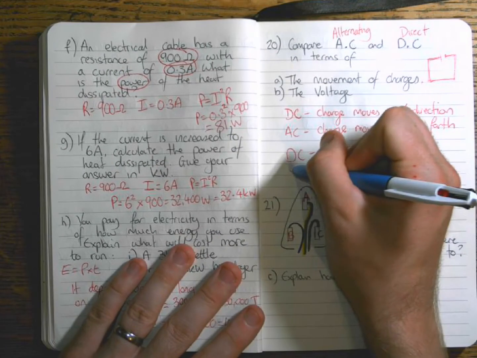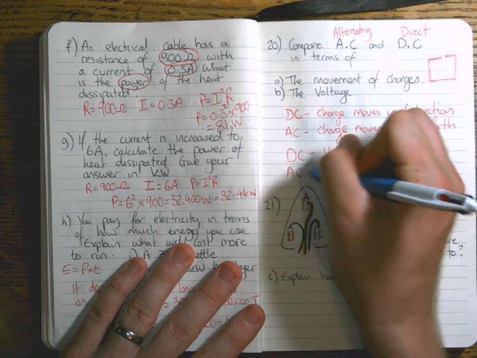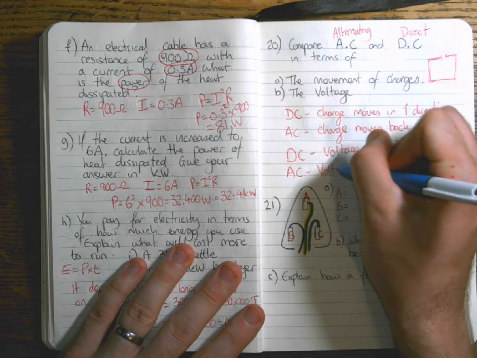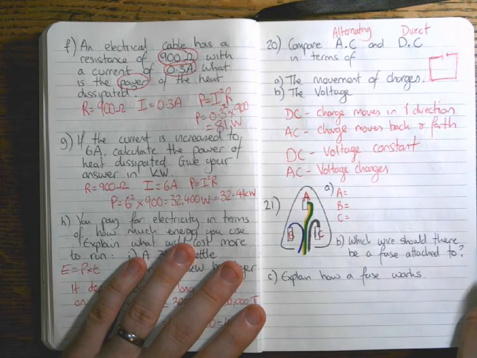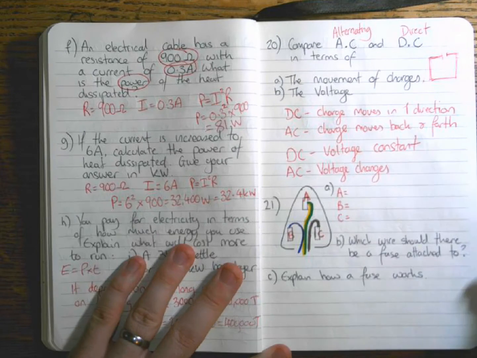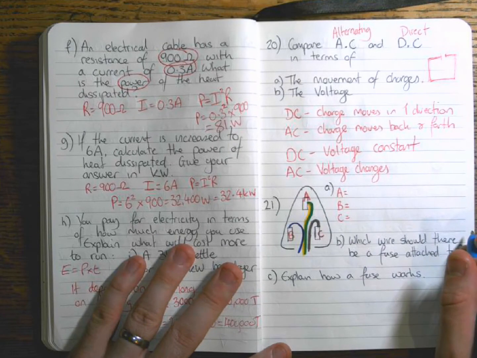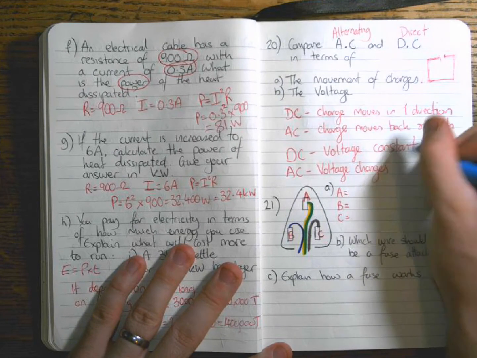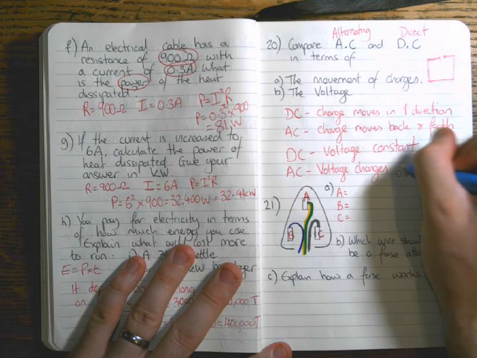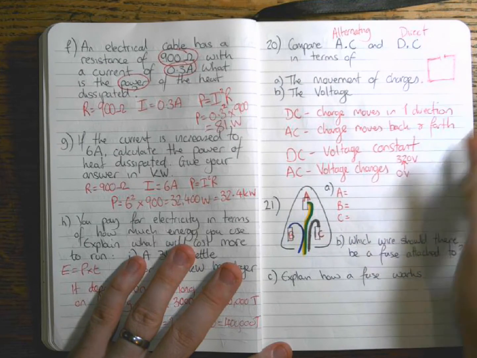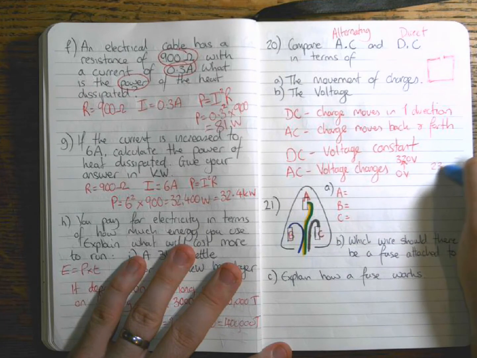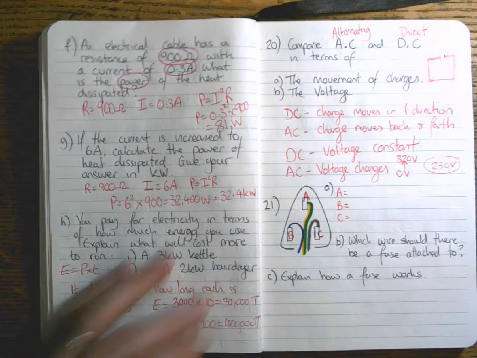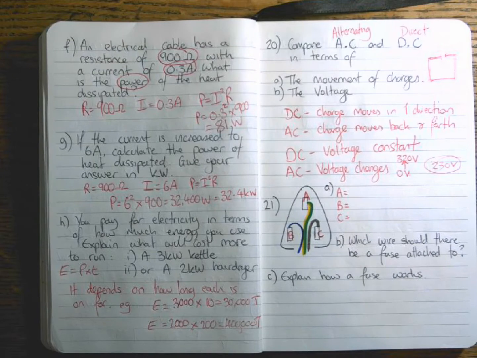The alternating current, the voltage changes from a maximum to a minimum. Mains supply actually goes all the way from 0 volts all the way up to I think it's 320 volts, and then on average it works out at 230 volts, which is what we talk about when we talk about the mains electricity.